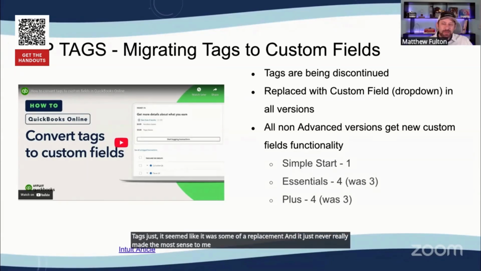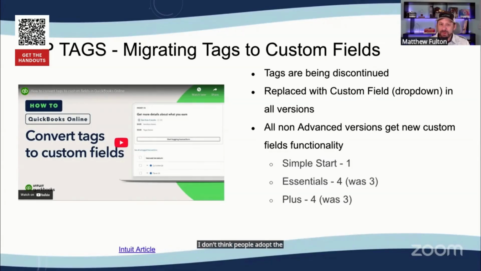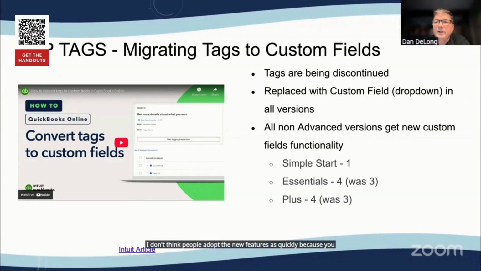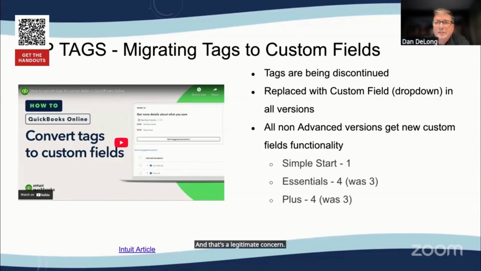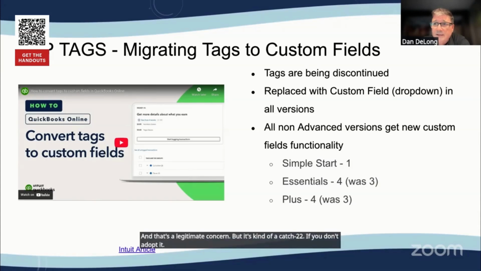If they're always sunsetting these functions like that, I don't think people adopt the new features as quickly because you get worried. Do I want to adopt this new feature only for it to go away? Yeah, and that's a legitimate concern, but it's a catch-22. If you don't adopt it, it will go away.